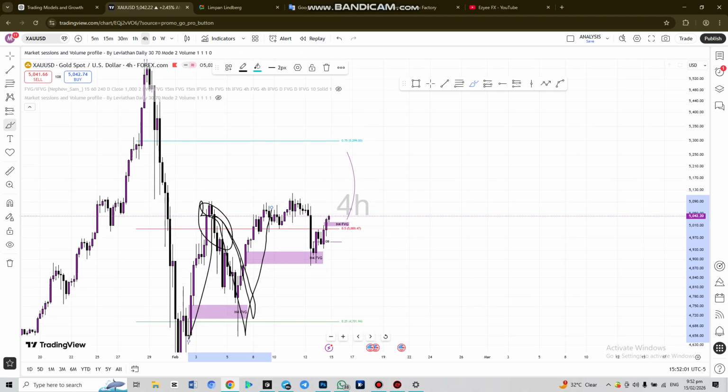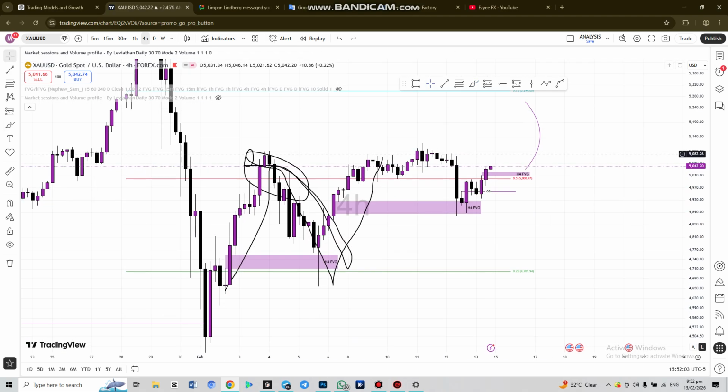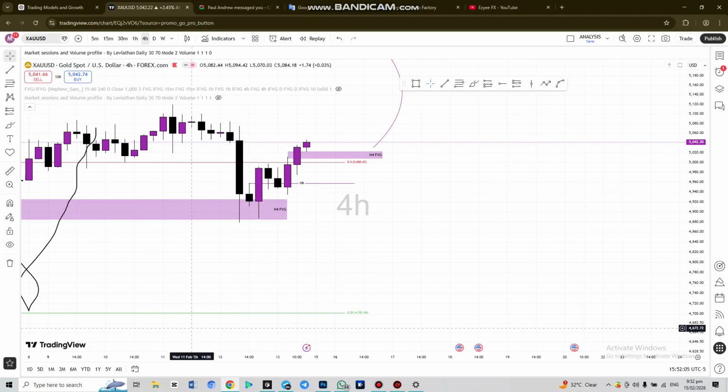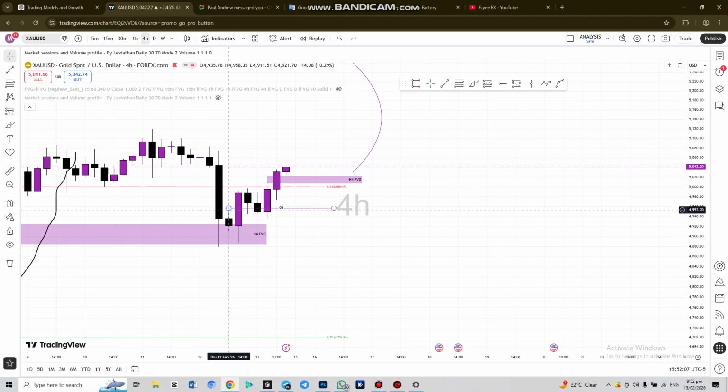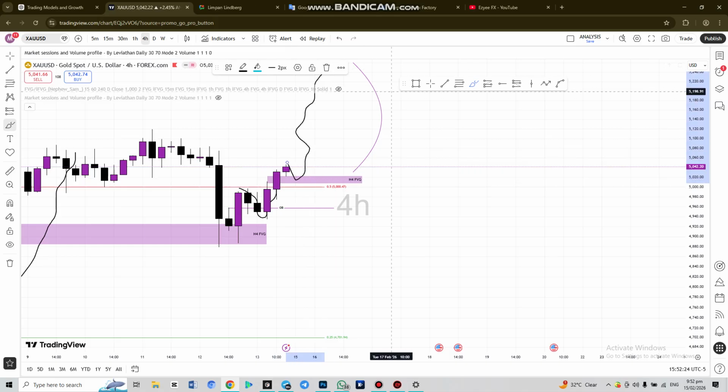Now let me show you something. This is what happened here. This other block that was created on Thursday, price traded into it, then moved upward and created another fair value gap. So now I believe that price will fill into this fair value gap, then rally up.